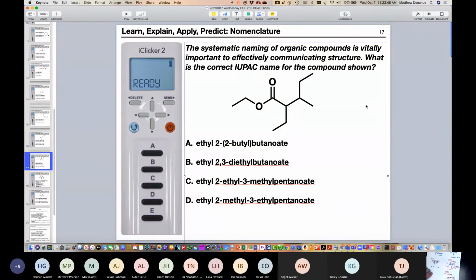So based on that, what do you think the correct answer is based on the choices? Ethyl, 2 ethyl, 3 methyl pentanoate.